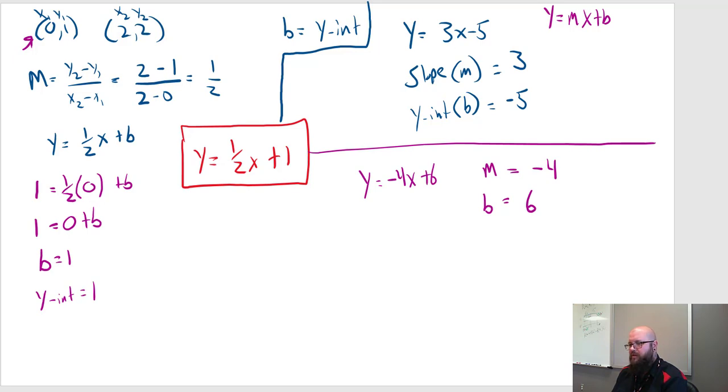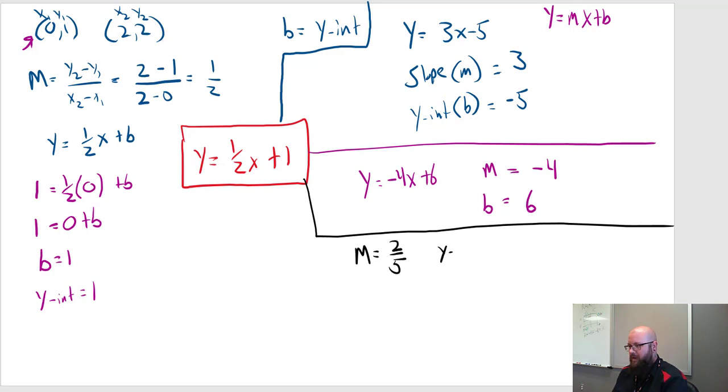Now, let's say you were given values in a problem. It told you that the slope is 2 over 5, and the y-intercept is at (0, -1).